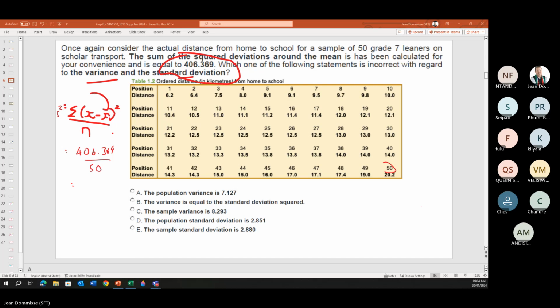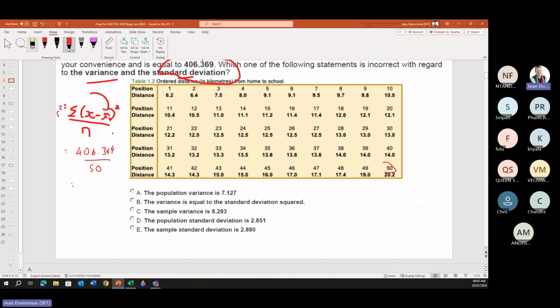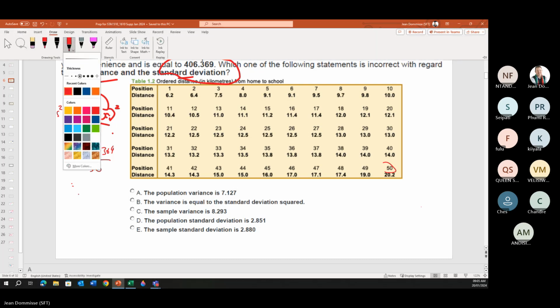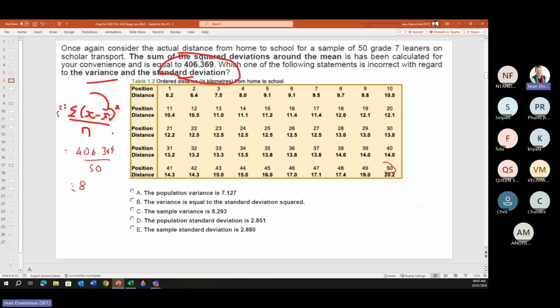So 406.369 divided by 50. That will give us, let's just go into the draw function again. That will give us 8.127.